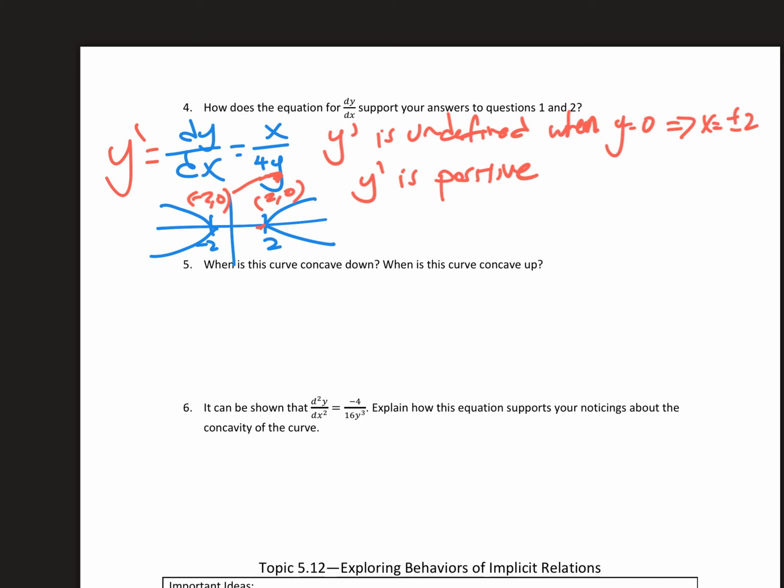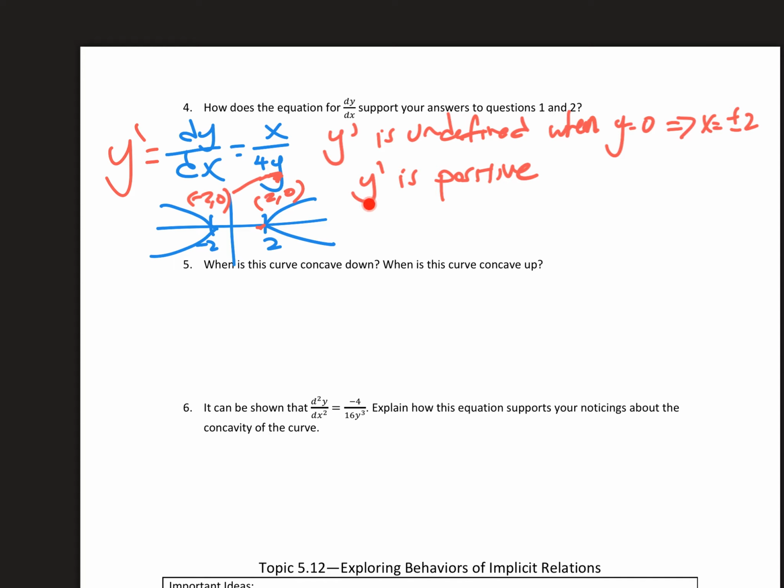And what's special about those quadrants, about the x and y values? You should have said something like, both x and y are negative here. So if I plug in negative and negative, when I divide them, what do I get for my derivative? Oh, I get a positive. How about quadrant 1? X and y are both positive, so I plug in a positive by a positive, and I'm going to get a positive.